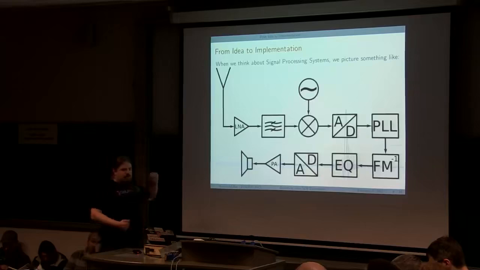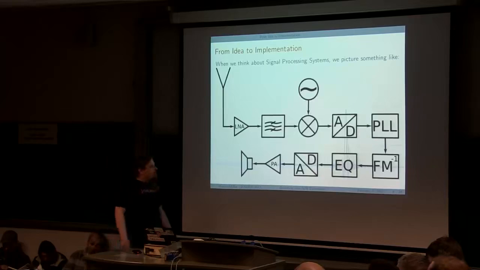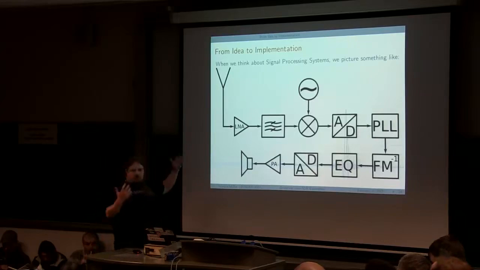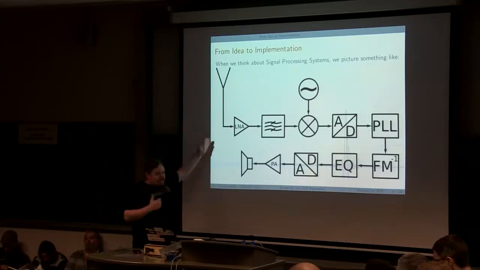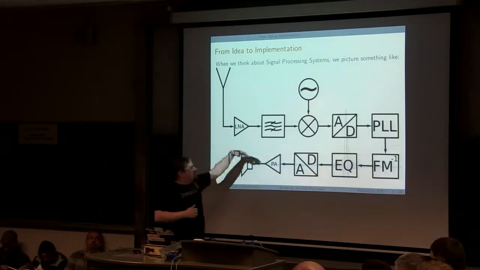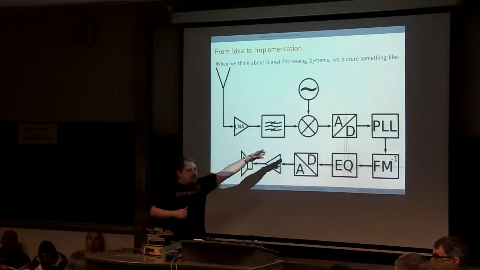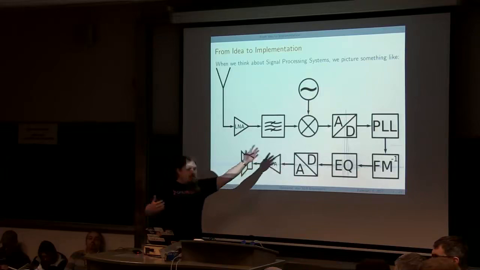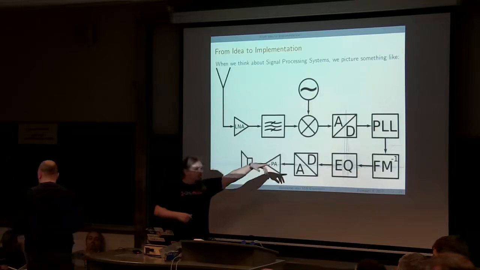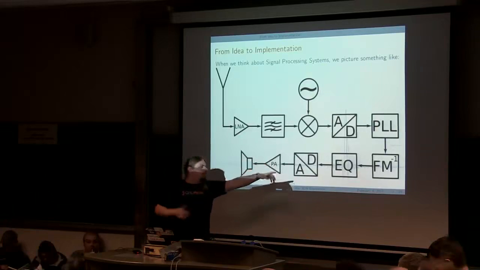I looked at a simple physical radio receiver, and that's what we often think about. It's a chain. There's an antenna, there's an amplifier, there are filters, there's a mixer, there's an analog to digital converter, there's a digital PLL, so in my car radio, whenever something locks onto the channel I want to receive.